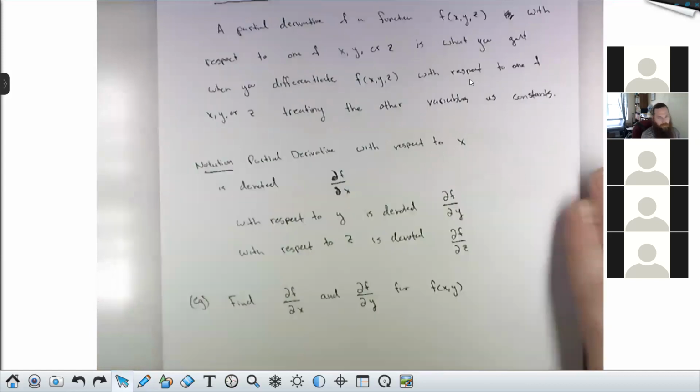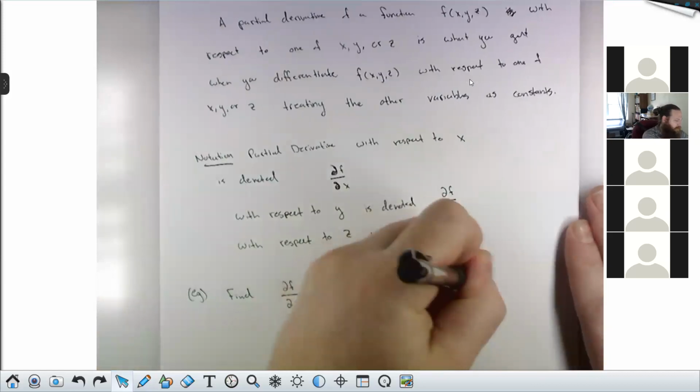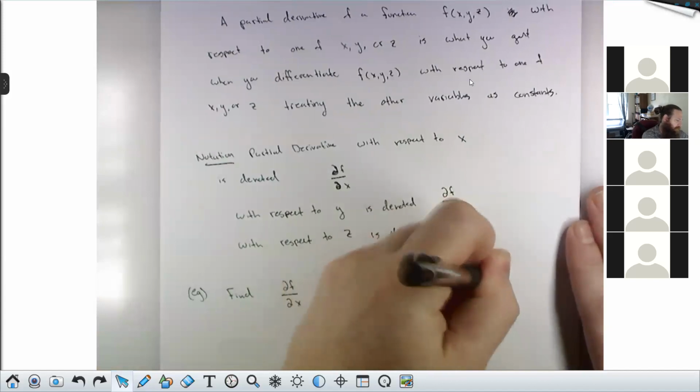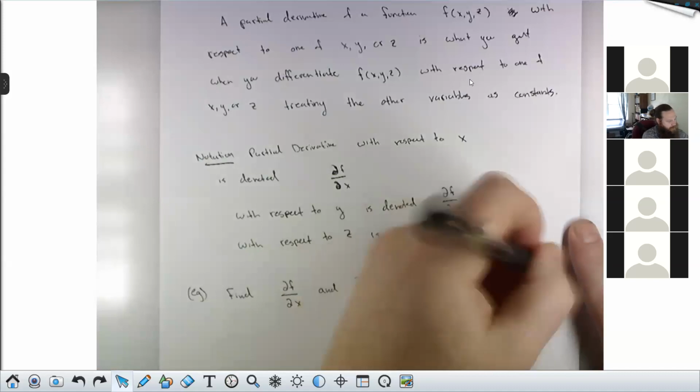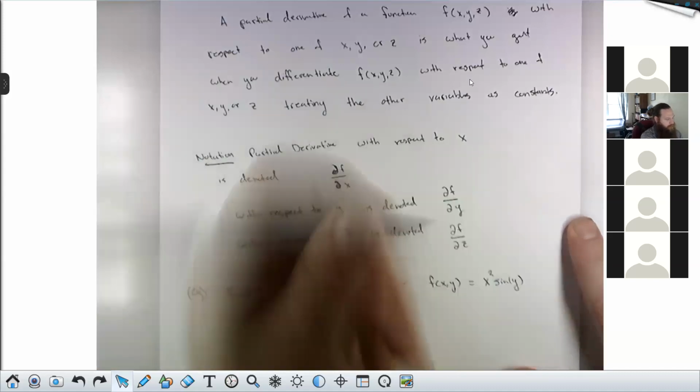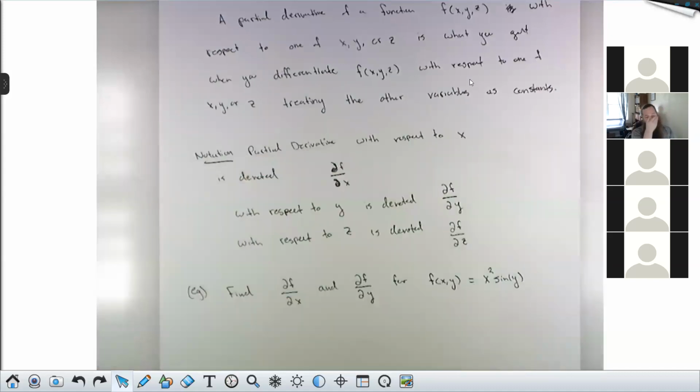I'll just do a function with 2 variables here, equals x squared sine of y. We'll start with that. We'll do df dx first.